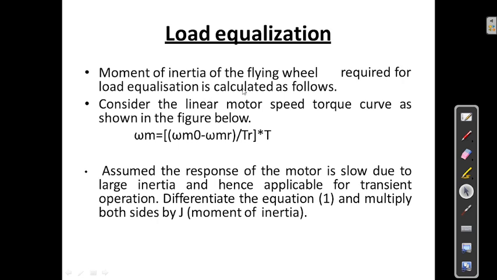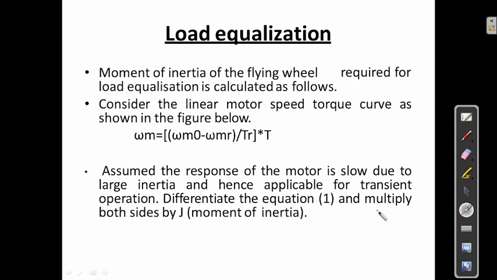The moment of inertia of the flywheel required for load equalization is calculated as follows. Consider the linear motor speed torque curve: ωm = ωm0 − (ωmr/Tr)·T. Here we assume the response of the motor is slow due to large inertia, and hence it is applicable for transient operation.